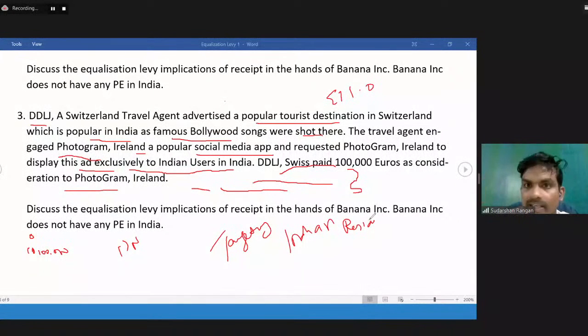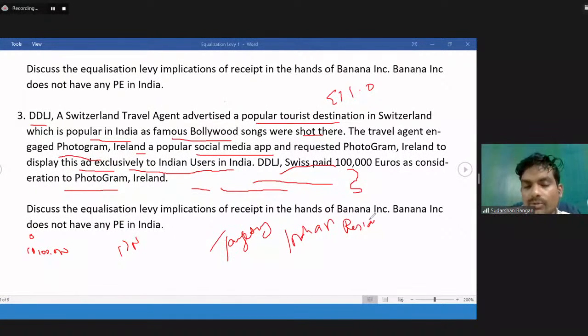So wonderful, I immediately click, and then they say 3 nights, 4 days package, stay here, Indian food, Jain food available, and so on. So this is specifically targeting Indian customers. Next trip, I will try to go to this location in Swiss because they have a good package, Jain food is available. They cater to India. Therefore, this will come under equalization levy 2.0.